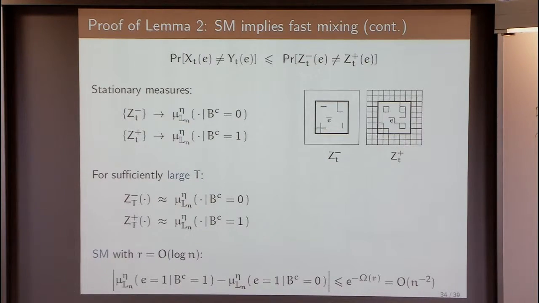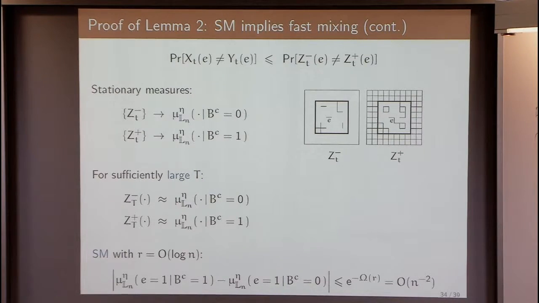So here is the intuition of how to do that. We look at the stationary measure of these two processes, and we see that it is a random cluster measure in this smaller box with some boundary condition, in this case the free, and in this case the wired one. So after sufficiently large t, we know that C_t minus and C_t plus are going to be close to the stationary distribution.